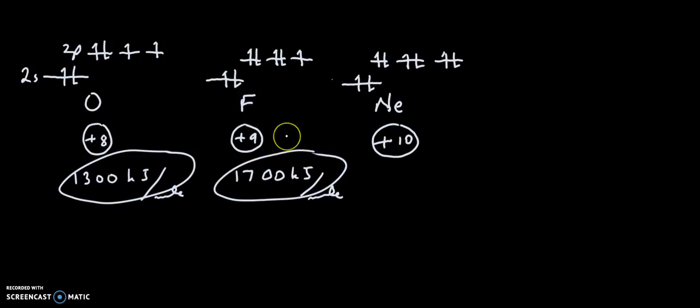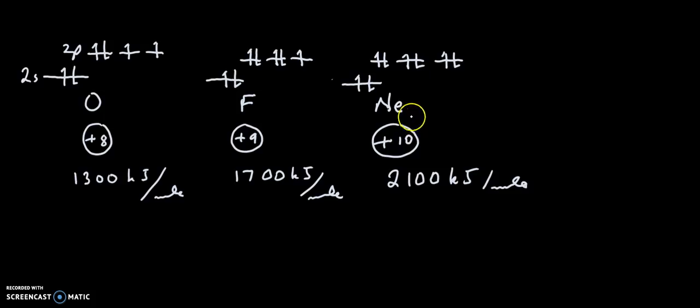That's because fluorine has an additional proton in the nucleus. That additional proton causes all of the sublevels to get pulled closer to the nucleus. We have an increased attractive force between the nucleus and the outermost electrons. Increased attractive force is reflected by a greater amount of energy required to remove an electron.